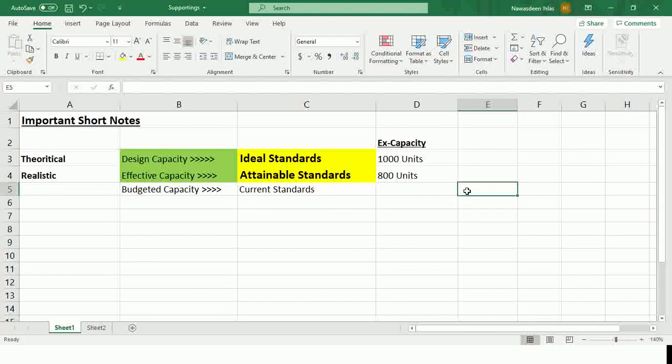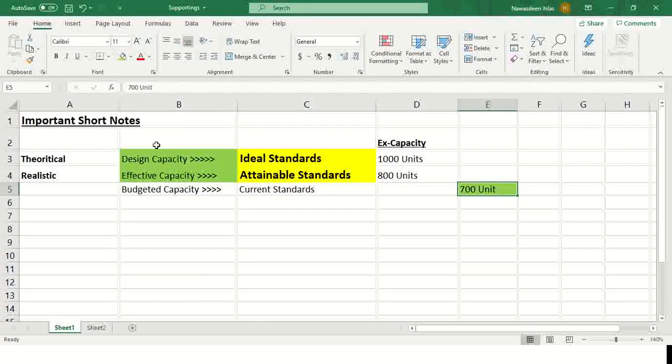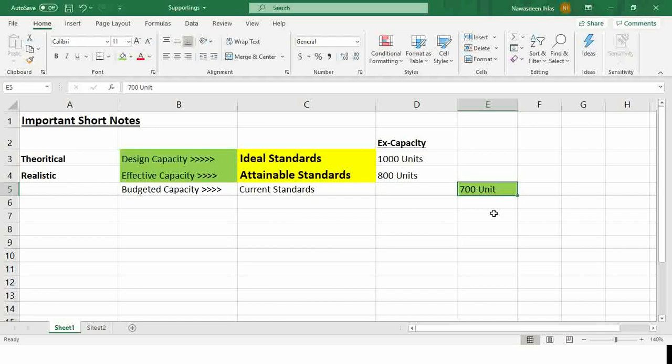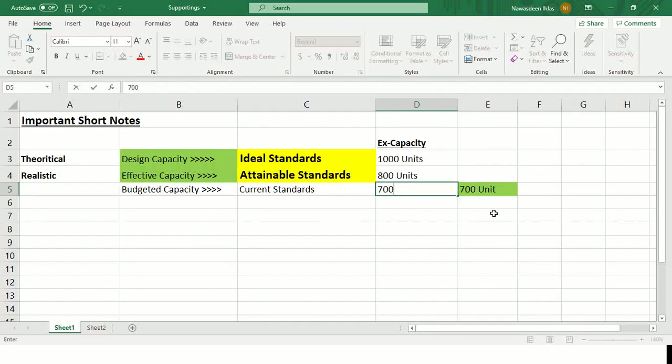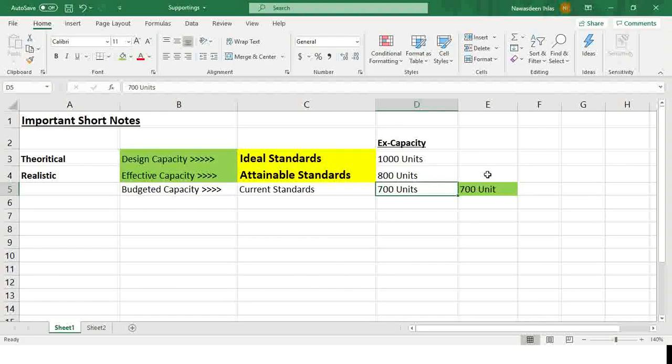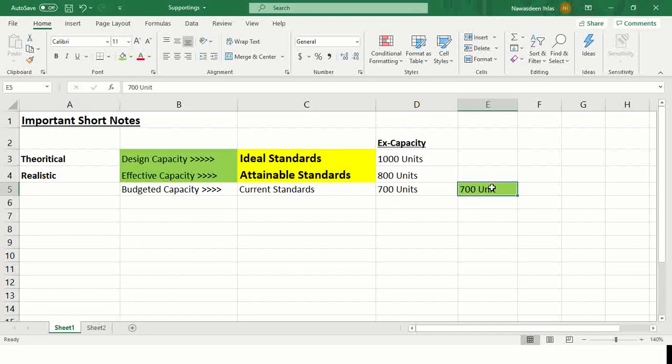So here we'll say our budgeted output is 700 units, which means to this particular period we want to produce only 700 units, which means at that point our budgeted capacity will be 700 units. Why? We need only 700 units to be sold, which means we want to only produce 700 units.